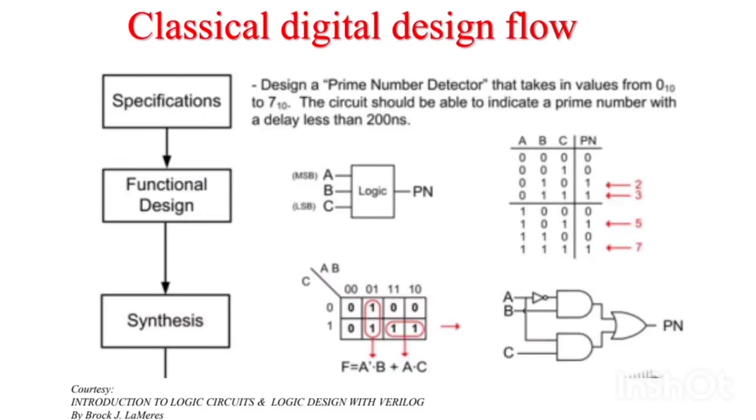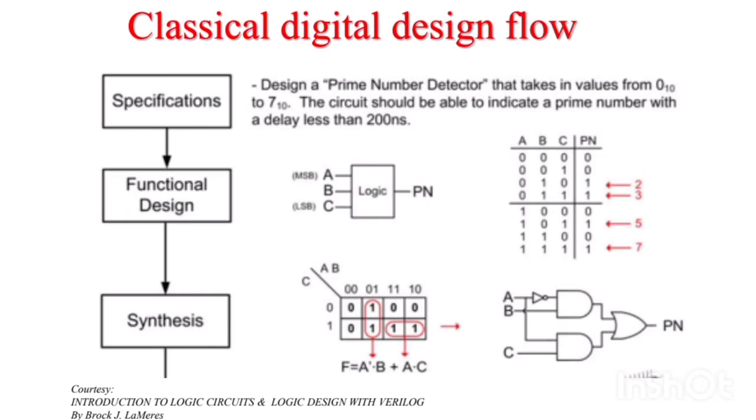Let's discuss now the classical digital design flow with a suitable example. The example over here is the design of a prime number detector. The first step is the specifications.